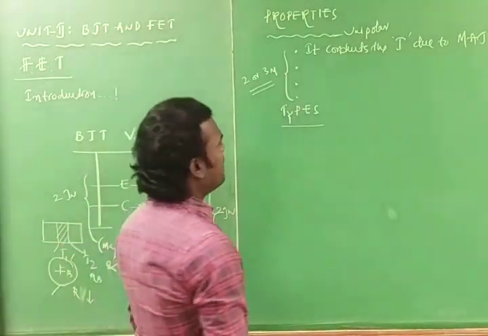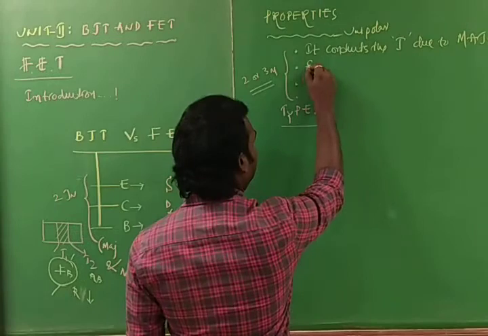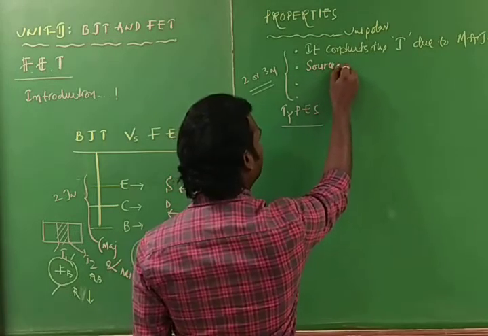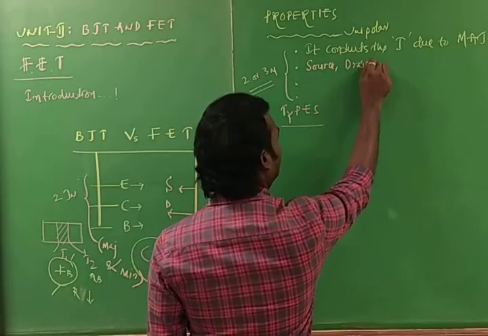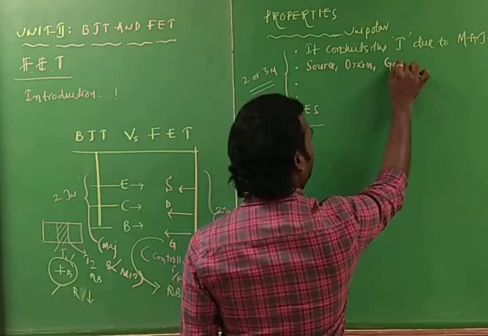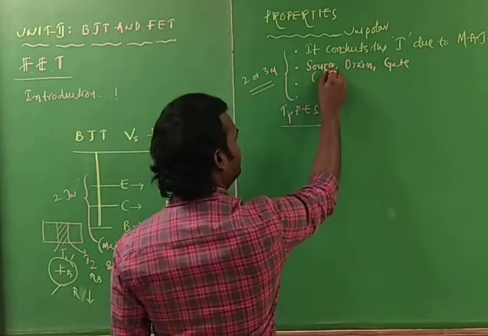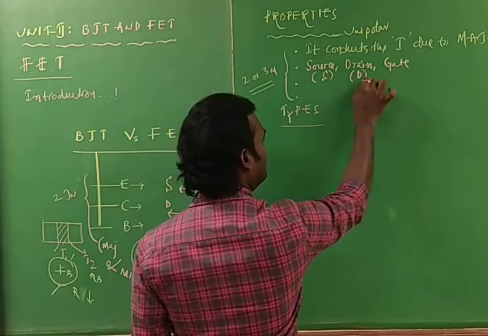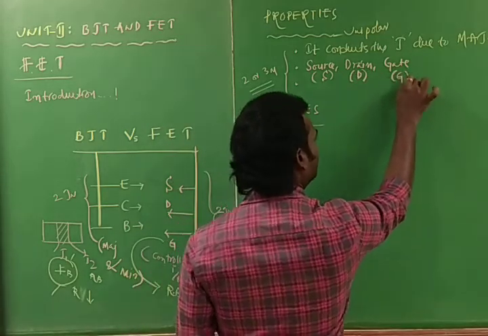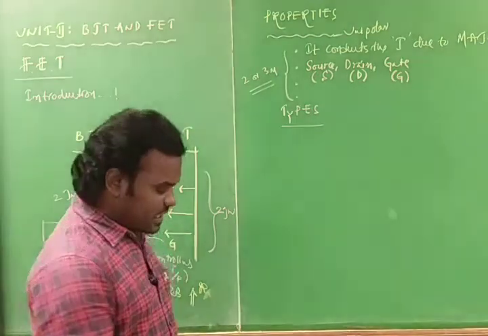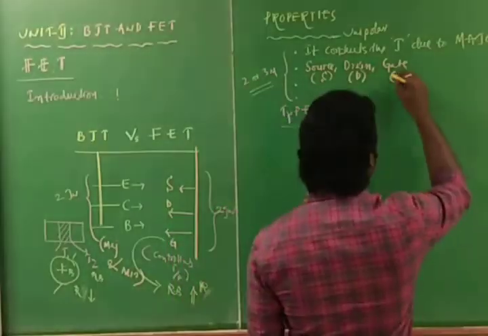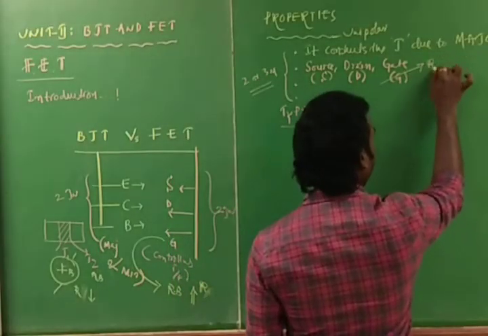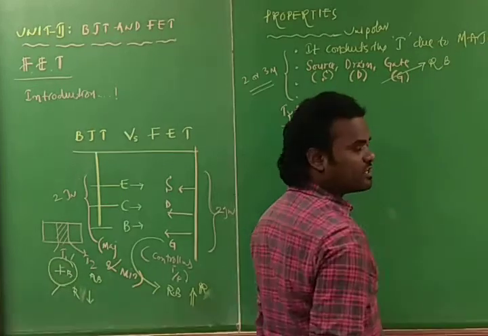The terminals of FET are source, drain and gate. Source is denoted with capital S, drain with D, and gate with G. As we discussed, the gate must be connected in reverse bias only.